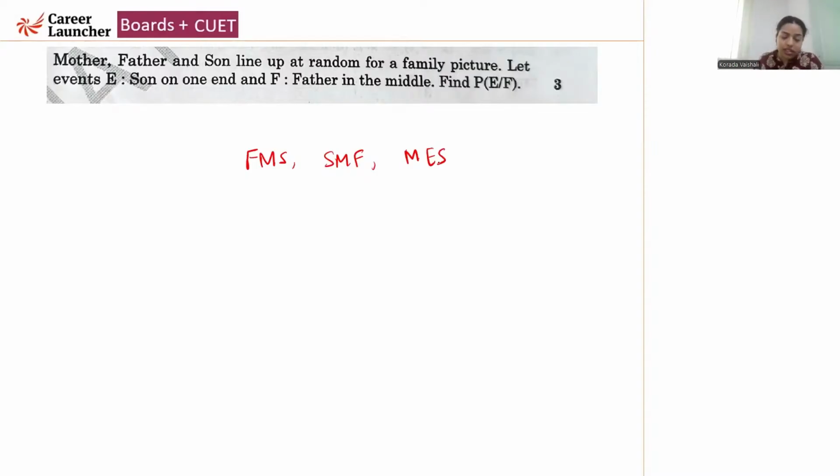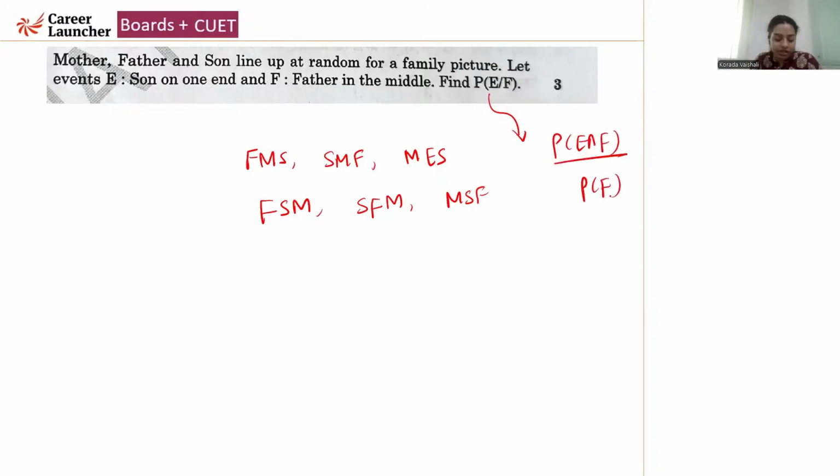It can be MFS. What are the other chances? It can be FSM, or SFM, or finally MSF. Now in this case you will have to find the probability of E given F, right? So what will we do in this? You will simply look at the intersection of the two in the numerator and divide by the probability of F, which is 2 by 2. So your answer is going to be 1 in this case, and this completes the question.